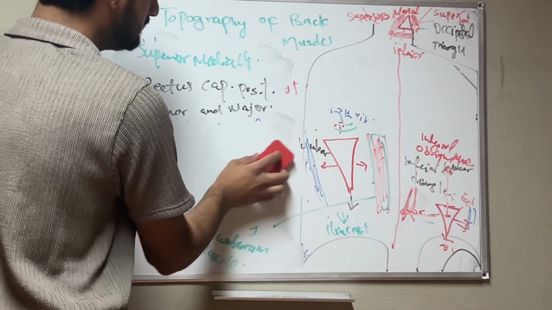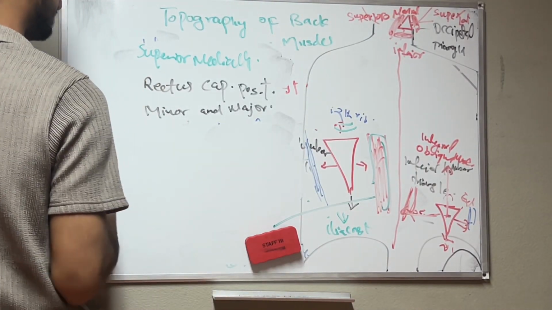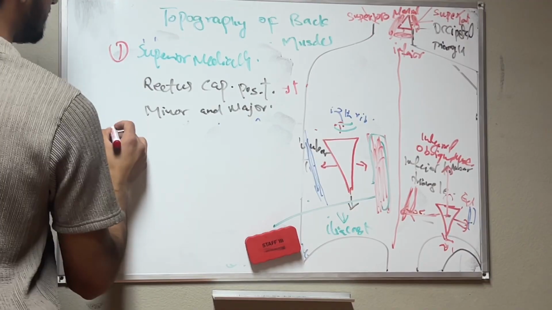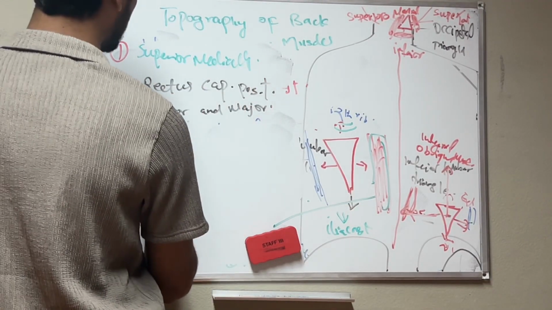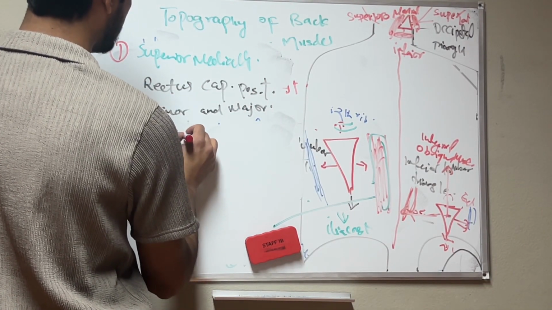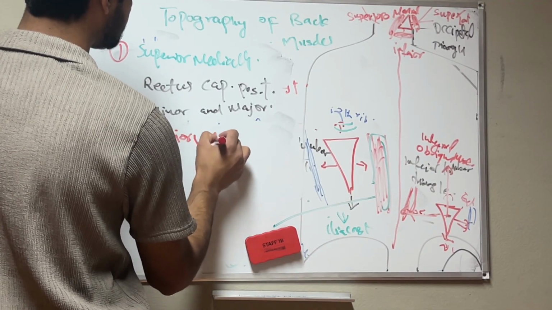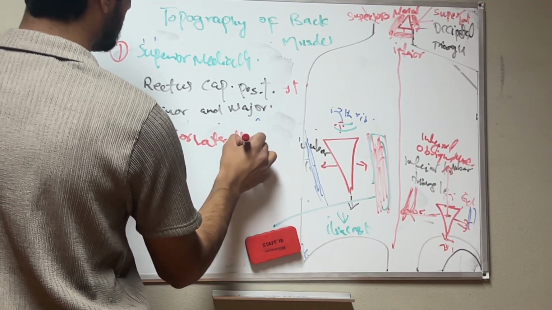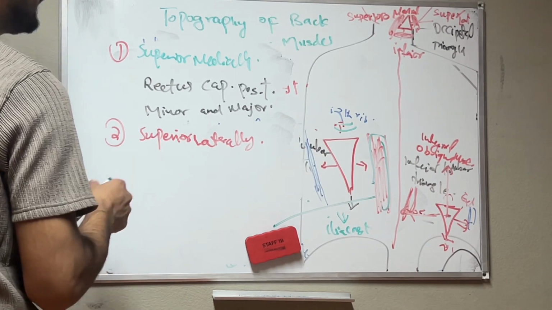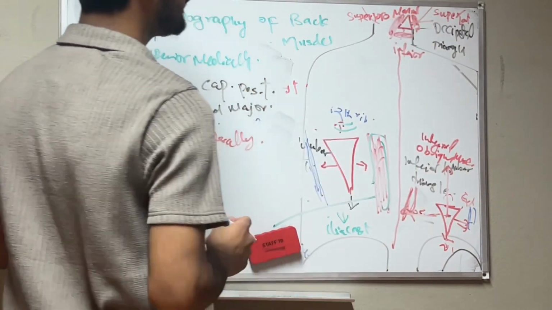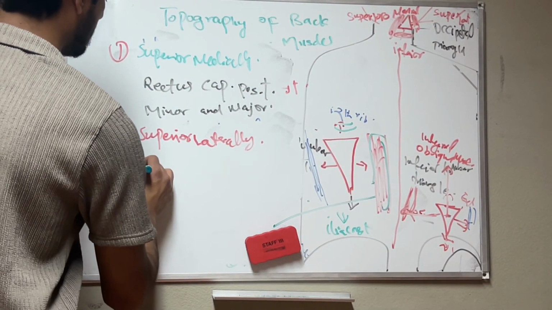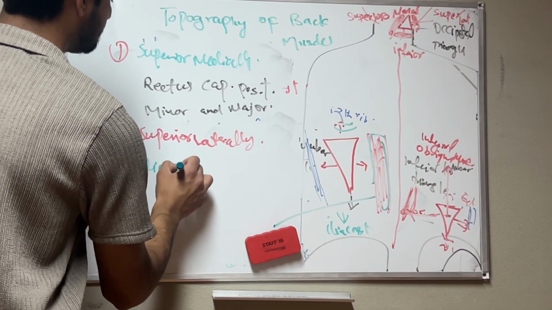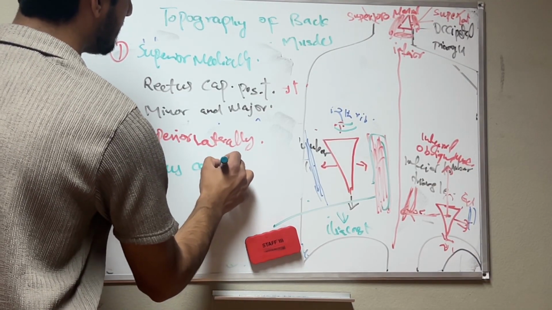And then the superior lateral boundary, the second boundary: the muscle lying there is the obliquus capitis superior muscle, because it is in the capitis region.